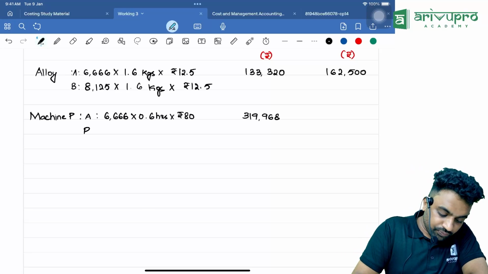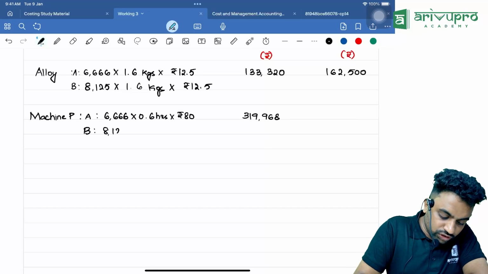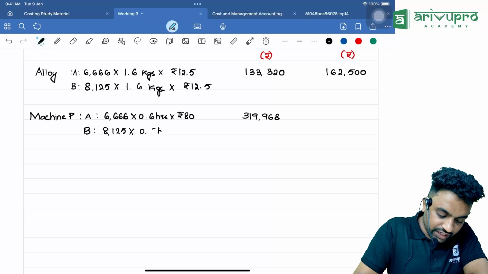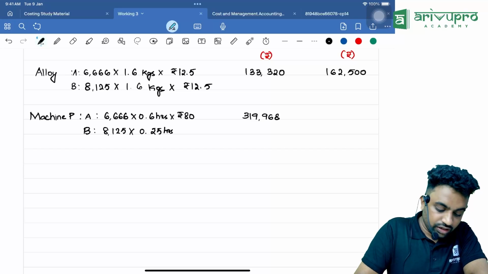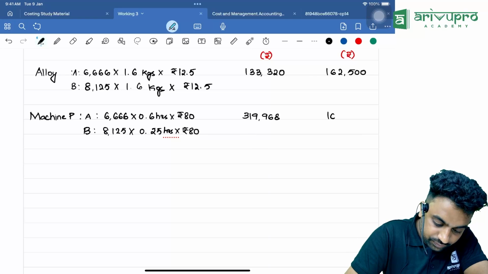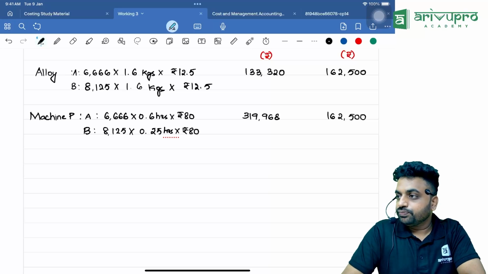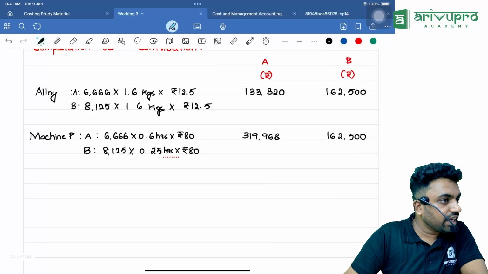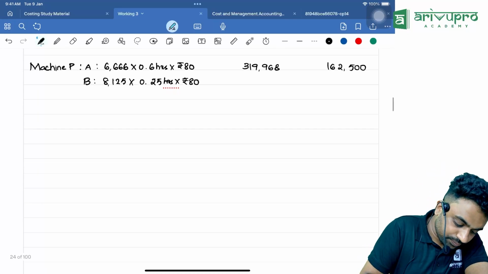Coming to B, we are planning to produce 8125 units, which consume 0.25 hours, which will come to 1,62,500. Clear?